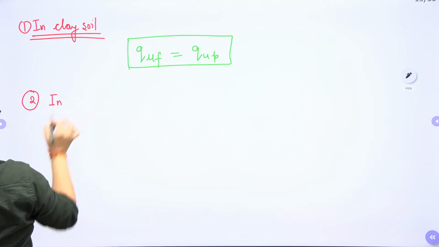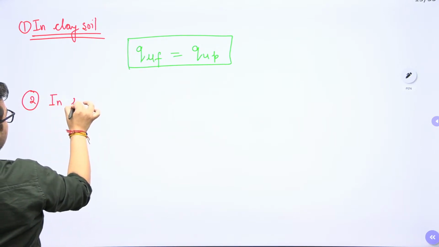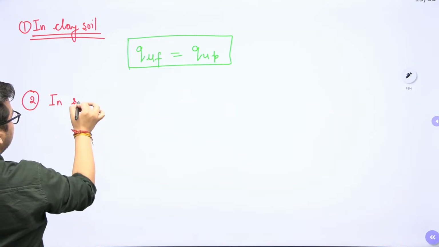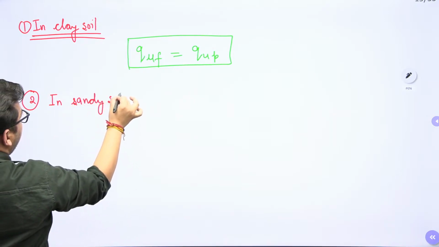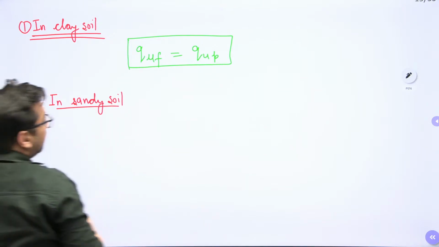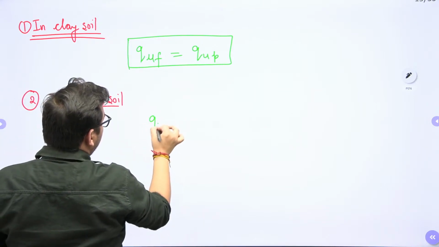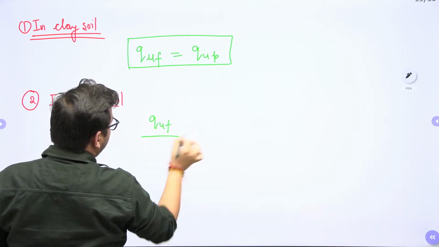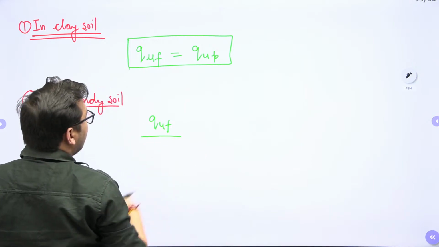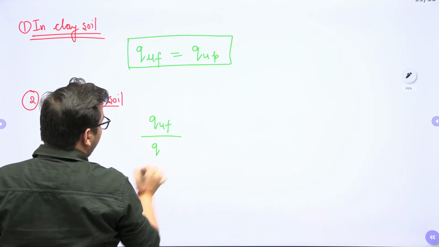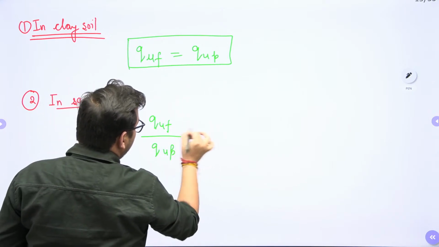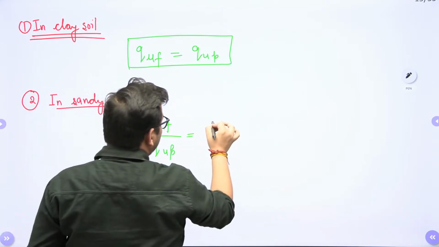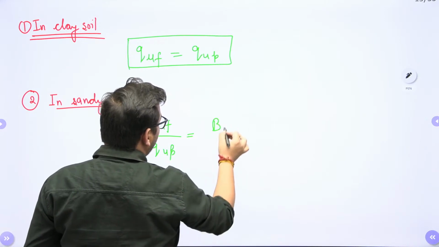Whereas in case of sandy soil or cohesionless soil, the ratio of the ultimate bearing capacity of soil corresponding to the foundation to the ultimate bearing capacity of soil corresponding to the plate will be directly proportional to its dimension.